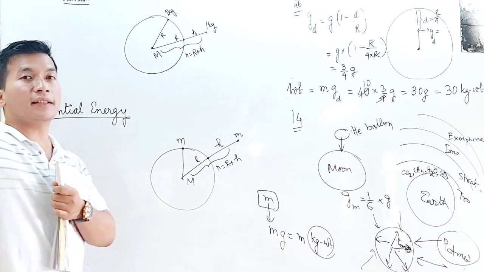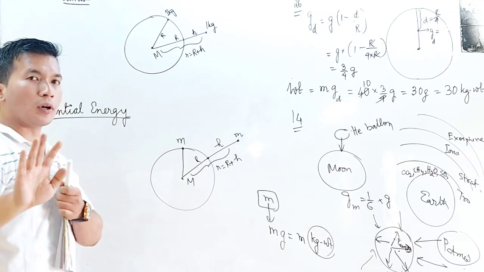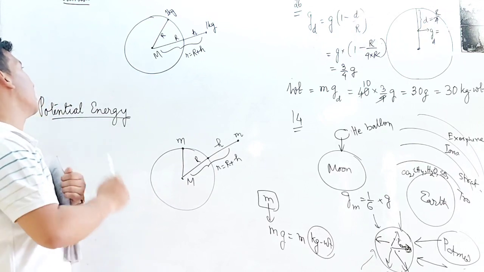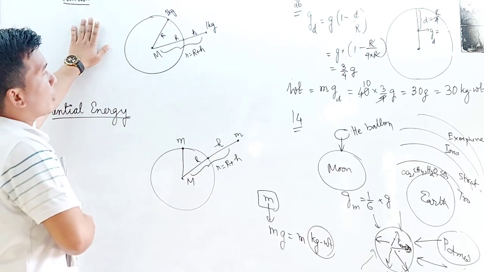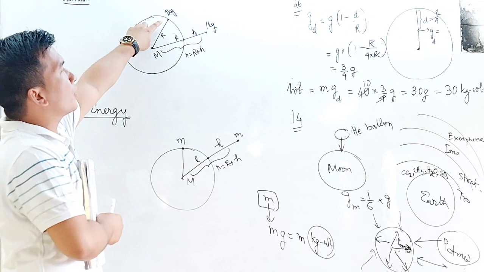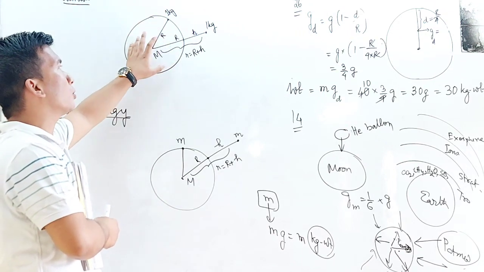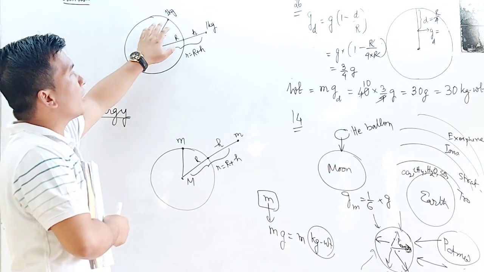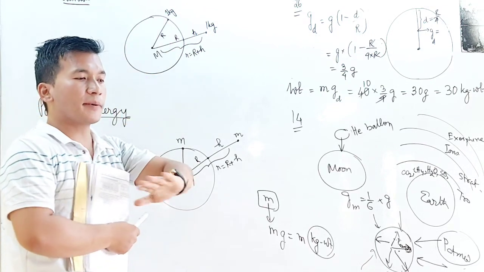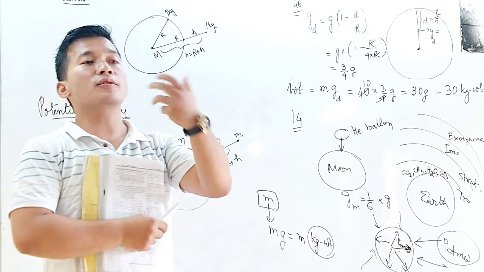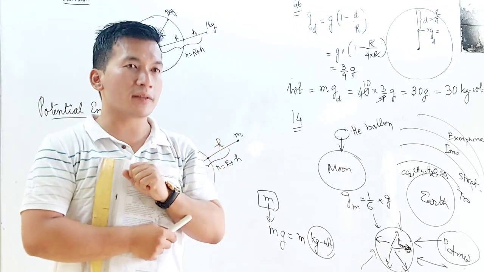Forget it. You simply memorize like this: 1 kg of mass must have how much energy in order to remain on the surface of the earth. How much energy is required, that is known as potential.